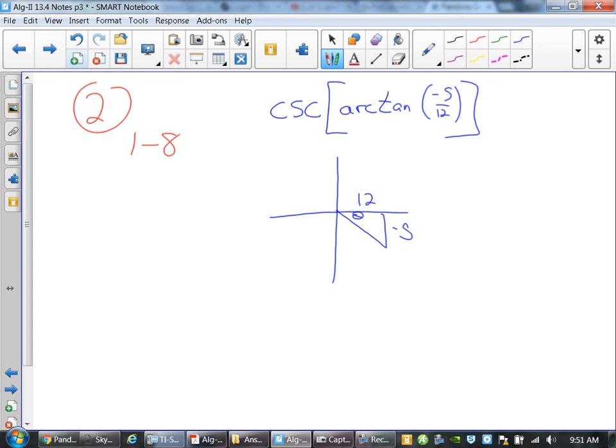I got 5, 12, 13. It's a triple. Cosecant is the inverse of what trig function? Sine. Sine of this would be -5 over 13, so the cosecant would be 13 over -5.